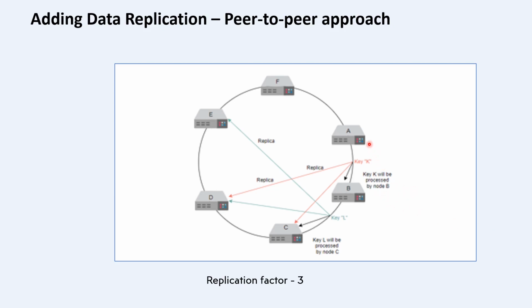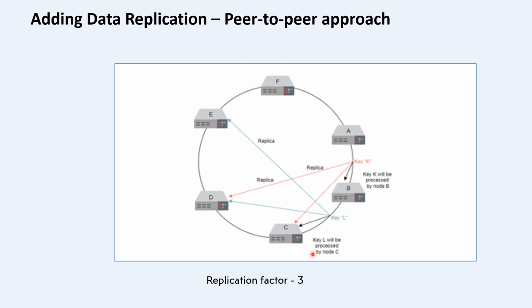Suppose B is serving the key K. So now it will write into B, but also replicate to other servers. Like for example, here we have a factor of 3 for replication. So we will make sure that it also sends data to C and D.